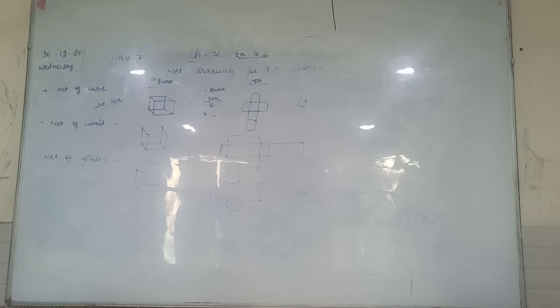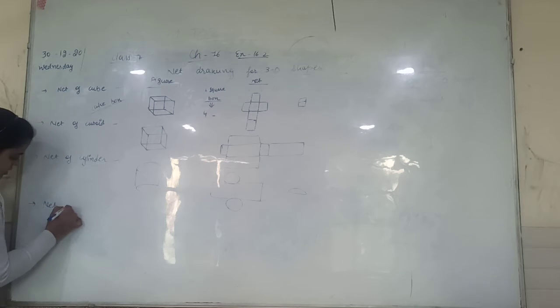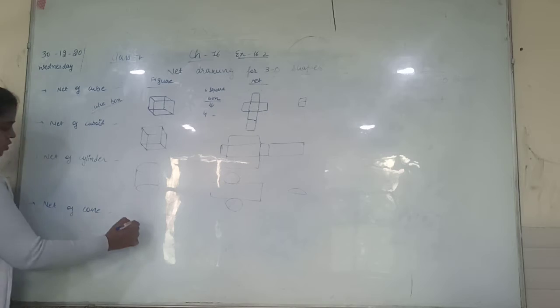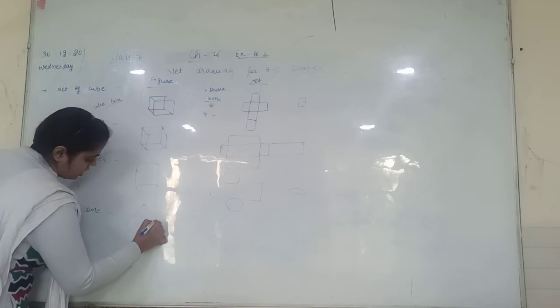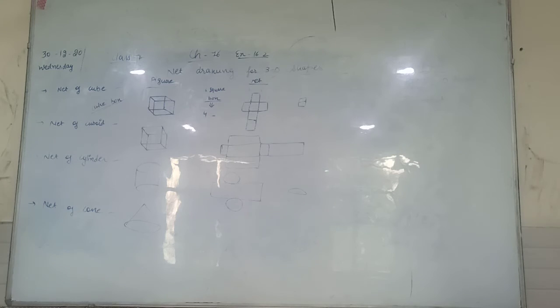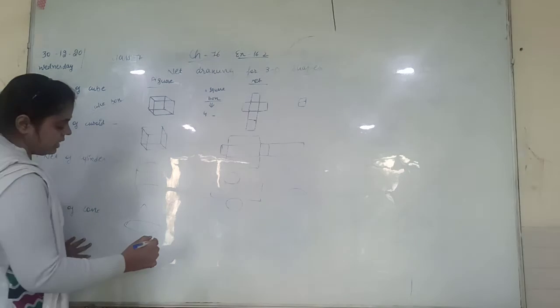Now we will discuss the fourth one, that is net of cone. Shape of a cone is like this, a triangle, and at the bottom it has a circle. Like your birthday cap. For this one, the net is like this.